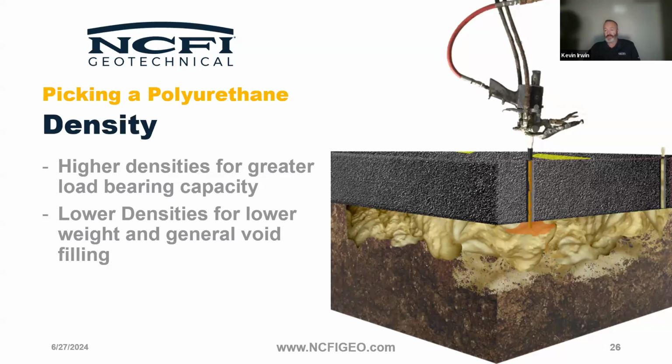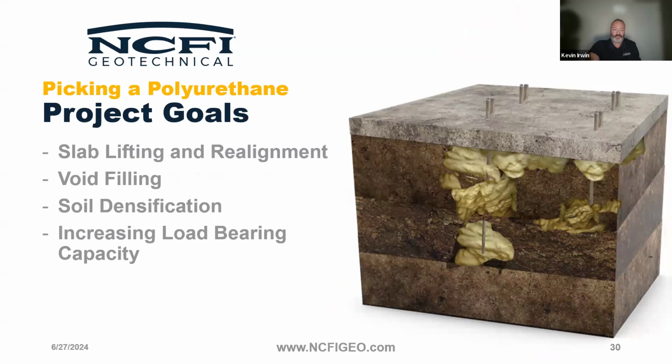That density will increase, but it won't go below the 2 pounds that we measured in free rise density in the lab. And of course, project goals. In our case, we're looking primarily at void filling, soil densification, increasing load bearing capacity, but even slab lifting and realignment can all be done with deep injection.